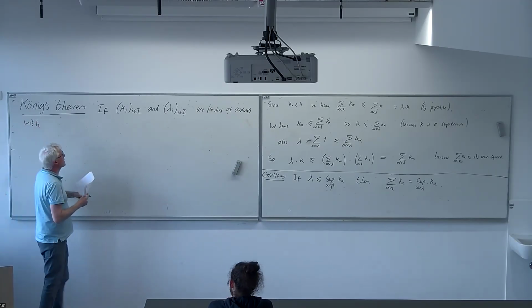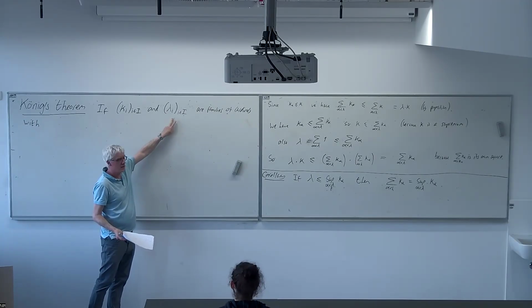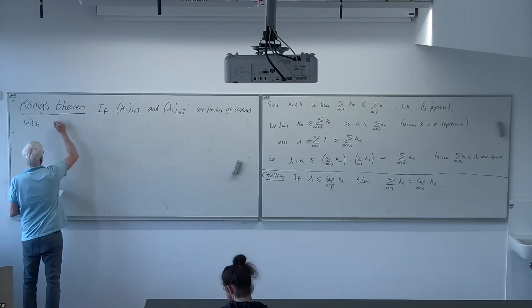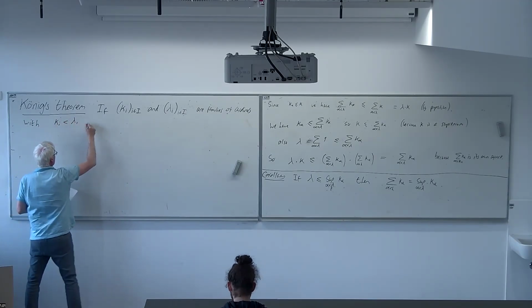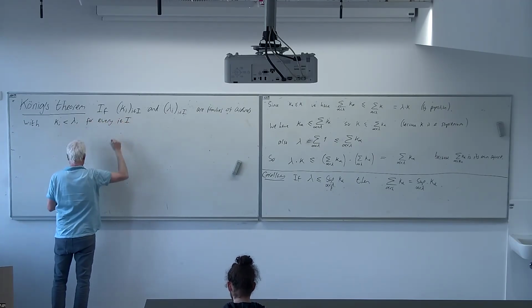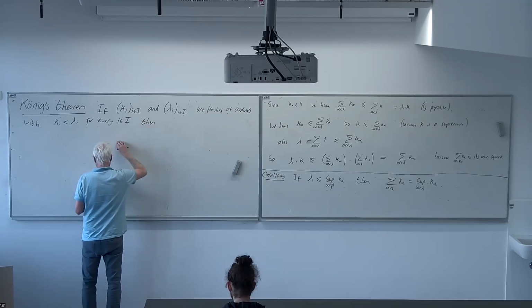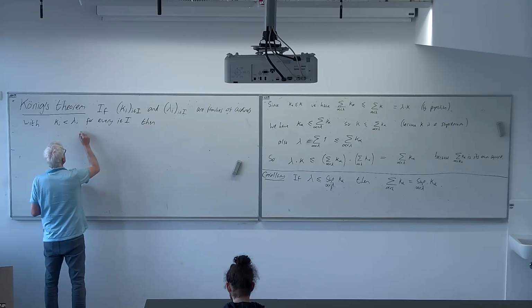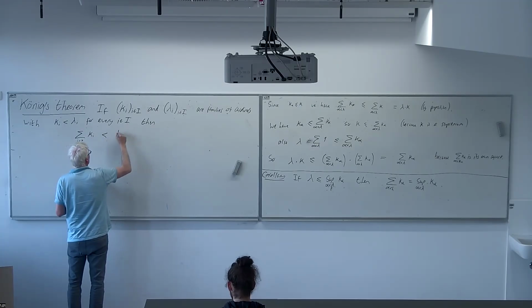And what we're going to ask is that every kappa i is strictly below the corresponding lambda i. We're indexing by the same set. So kappa i is strictly below lambda i for every index element i. And then what holds is the sum of the kappa i's is strictly less than the product of the lambda i's.